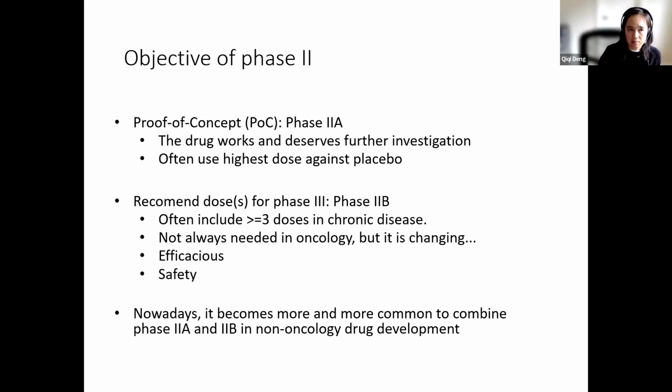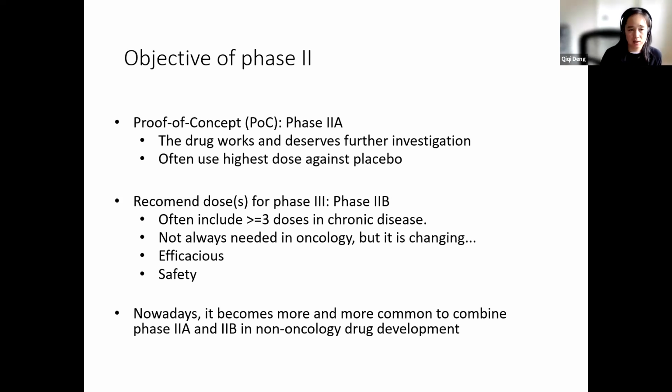And then the second objective is to do further dose finding and find out what is the recommended dose that you're going to use for the large study. For the large study, you really want a dose that has a better chance for a good benefit and risk profile.